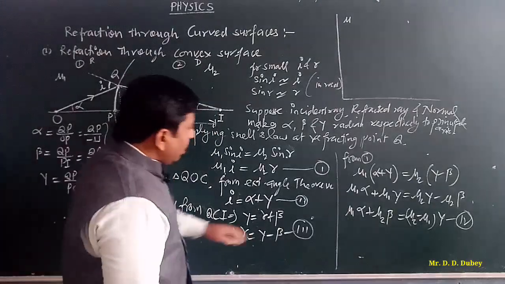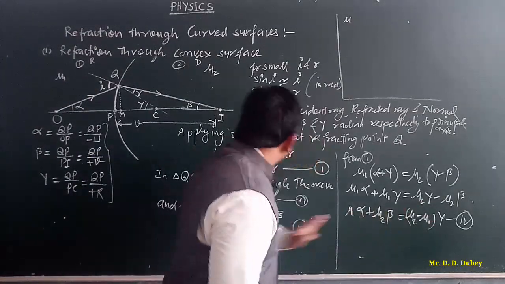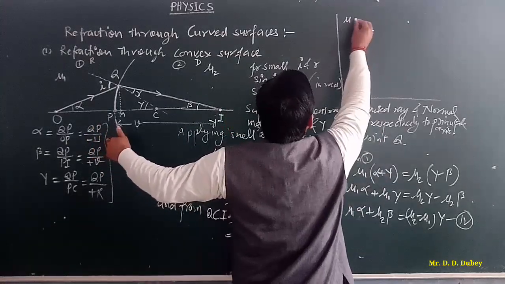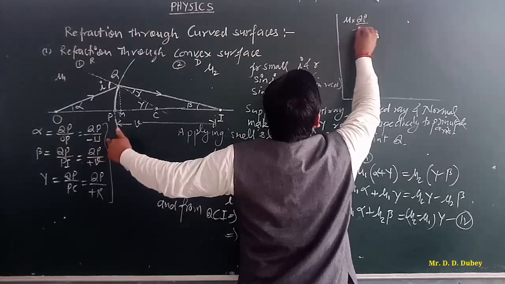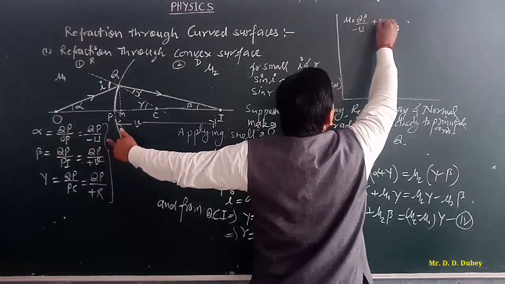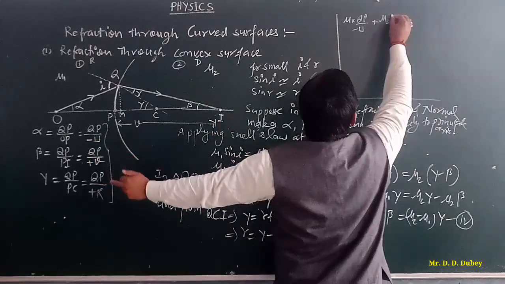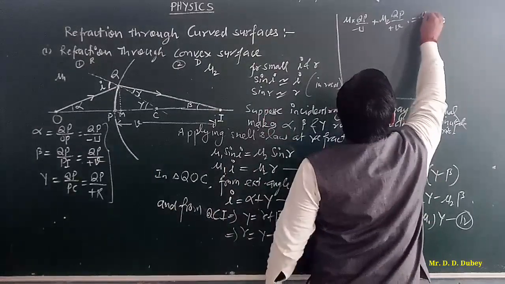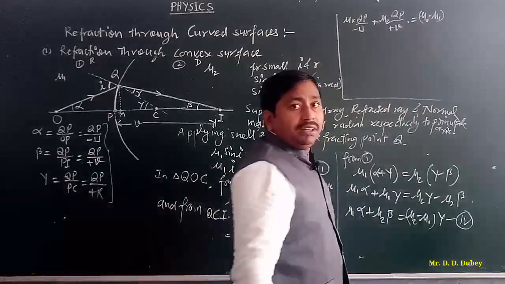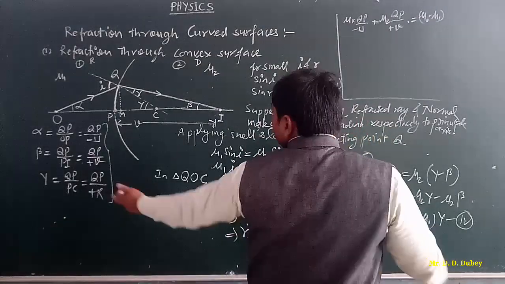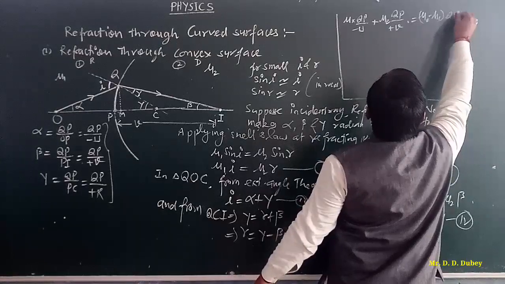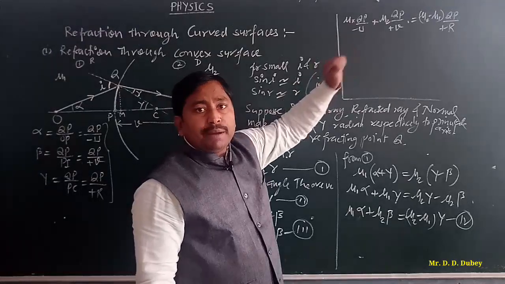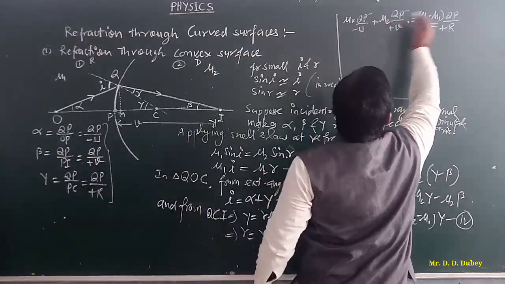Now let us put the value of alpha, beta, gamma from here in this equation. We get mu1 into alpha means QP by minus U, and plus mu2 into beta means QP by plus V is equal to mu2 minus mu1, and gamma means QP by plus R. As we have seen that QP is common in each term, so this will be cancelled.